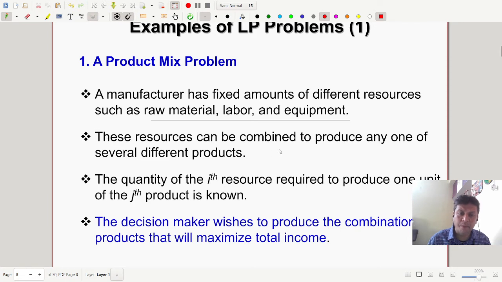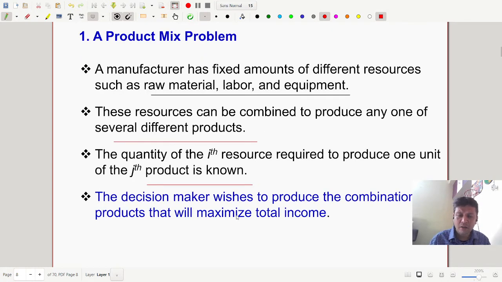These resources can be combined to produce any one of several different products. The quantity of the ith resource required to produce one unit of the jth product is known. The decision maker wishes to produce the combination of products that will maximize total income.